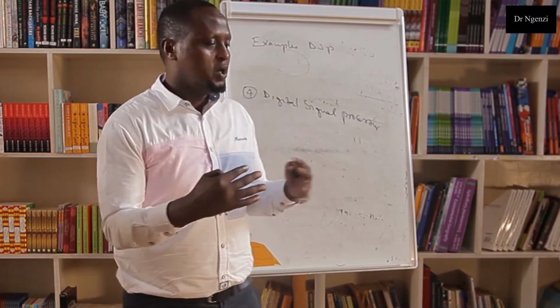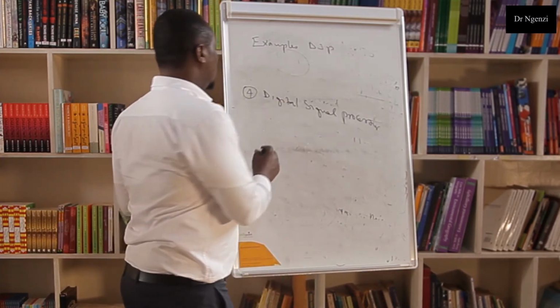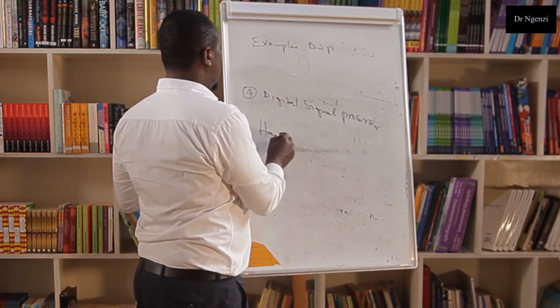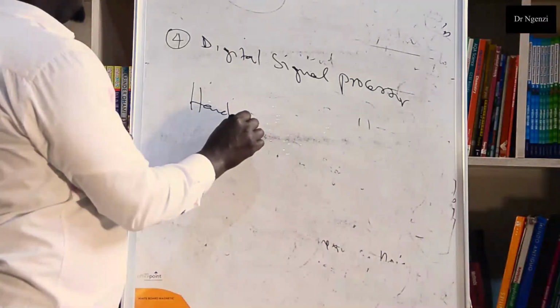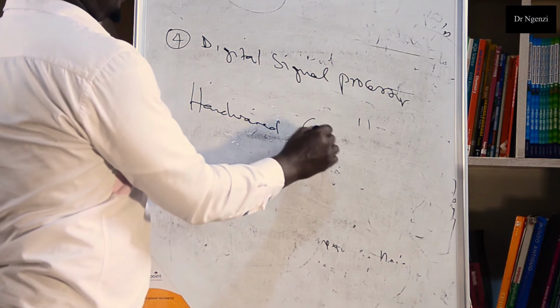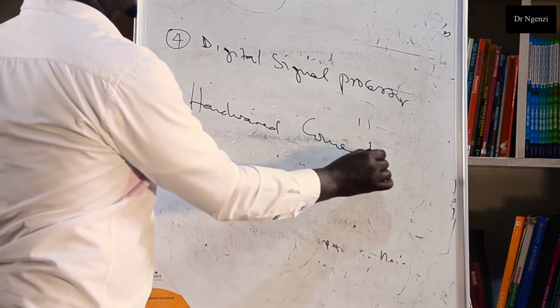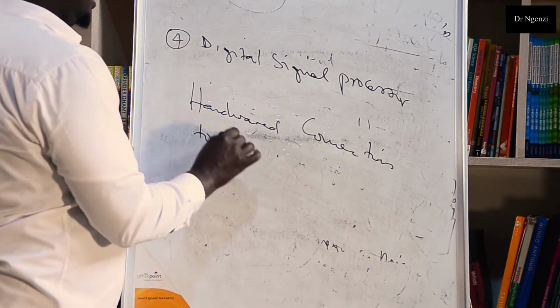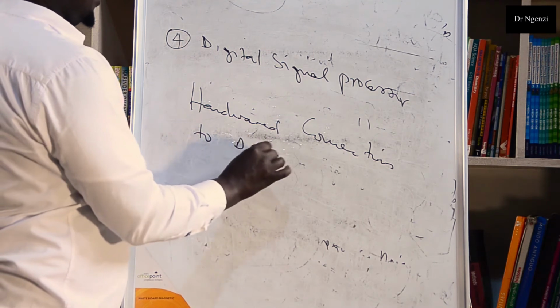It is going to make some connections. So it is called hardwired. So it's going to make some connections to a digital to analog converter.